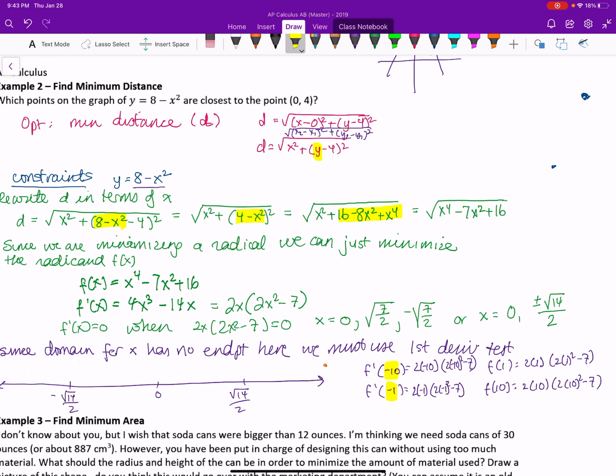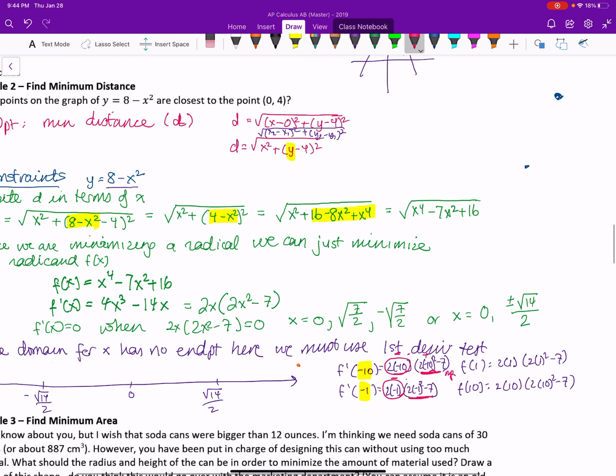This piece here is going to be negative for both of those. And then we just have to concentrate on what's in here. Do we get a positive? So here we have negative times what's in there. Negative 10 squared is 100 times 2 is 200 minus 7, which is definitely positive. So that's how I know that this is going to be a negative there.